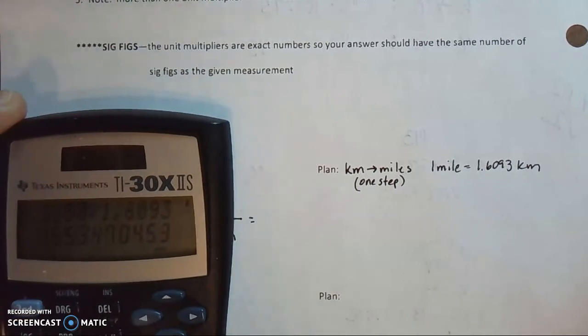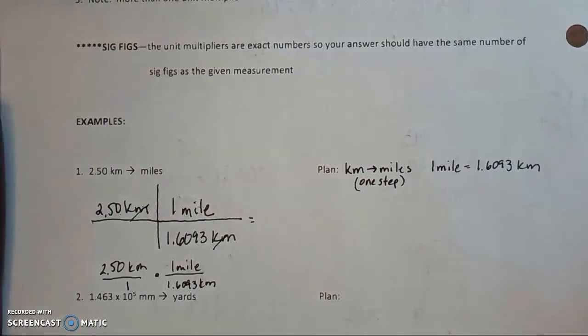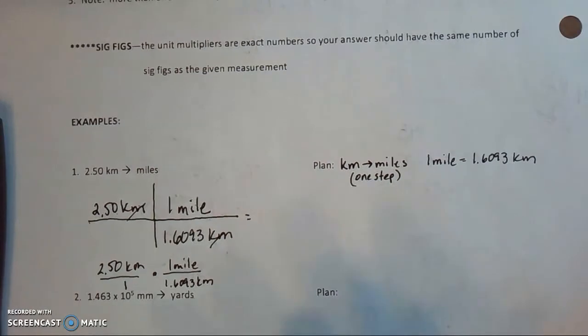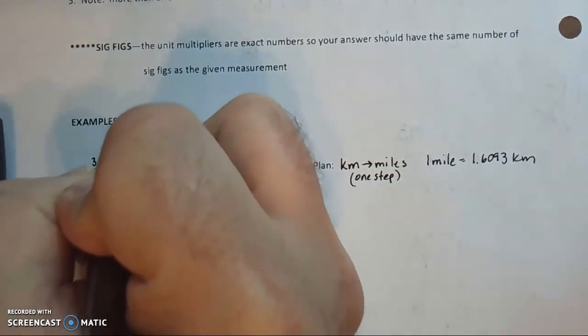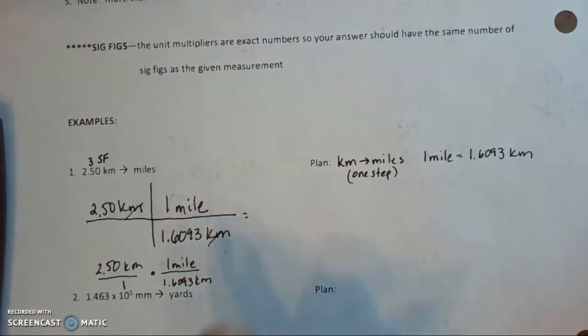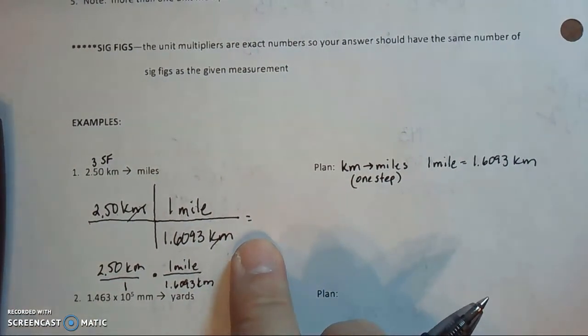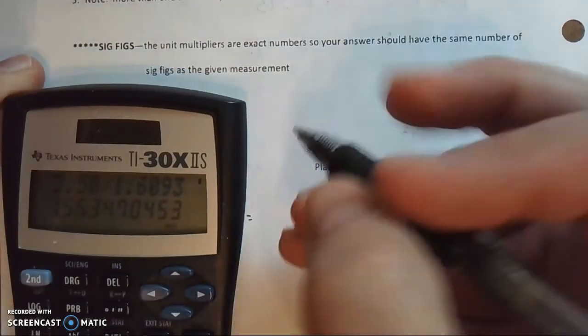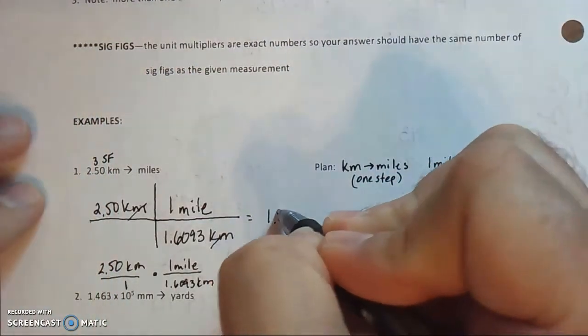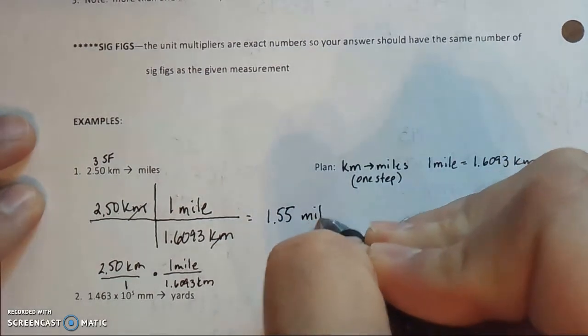1.553470453. But since these are measurements, we're going to use significant figures. This right here has 3 significant figures. So that's how many our answer should have. And when we calculate that and look and round, we end up with 1.55 miles.